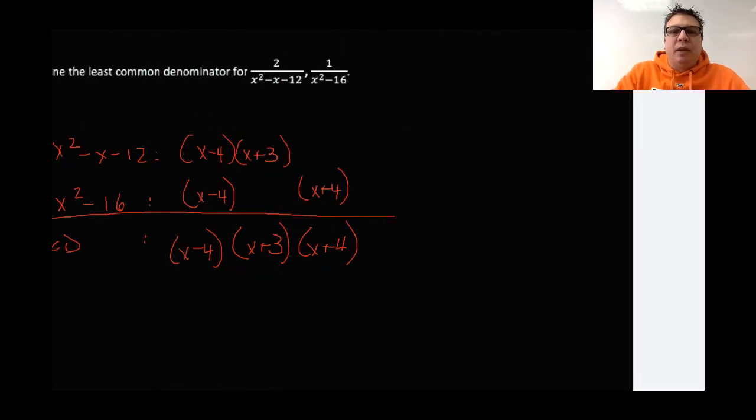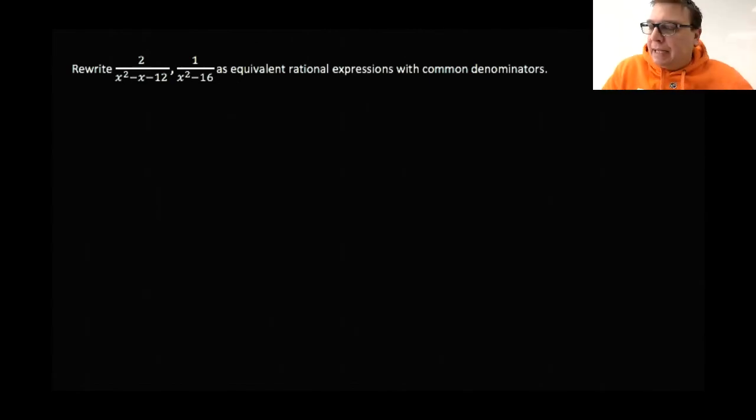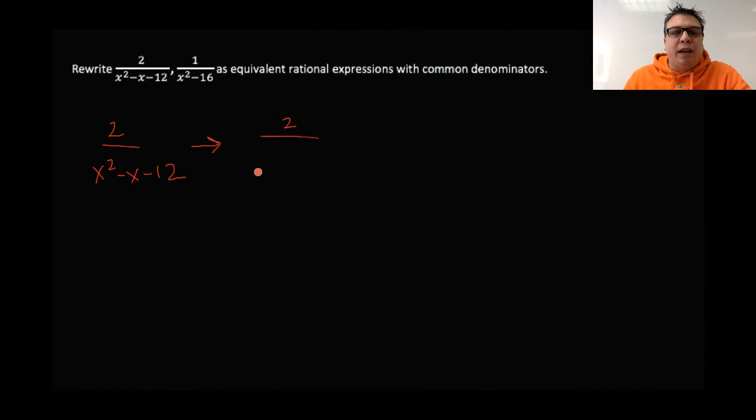All right, so next question then is, if that's the case, then what do each of these look like? How do I rewrite it with common denominators? All right, so 2 divided by x squared minus x minus 12. Okay, we know that that is rewritten as 2 divided by x minus 4, x plus 3.